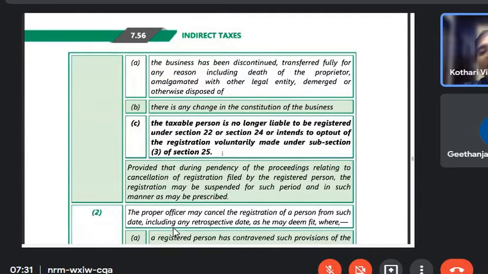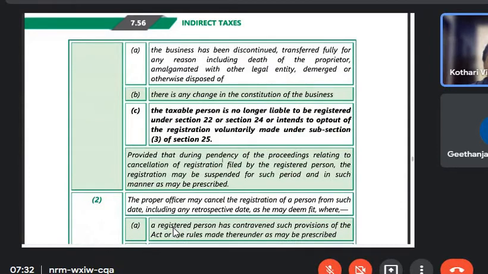Or the taxable person is no longer liable to be registered under section 22 or 24, or intends to opt out of voluntary registration. So if someone is registered and opting out of GST, they don't want to do the business, then they can cancel.